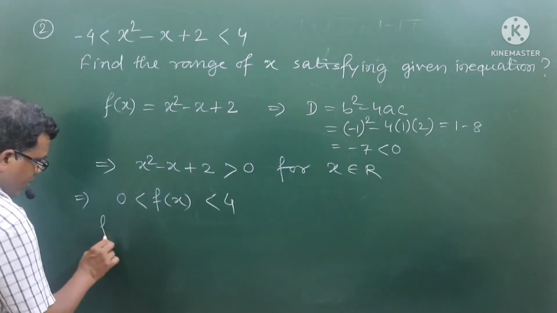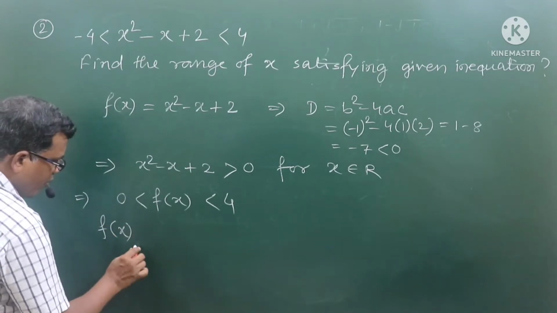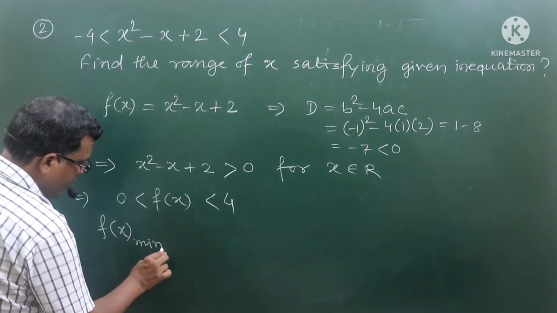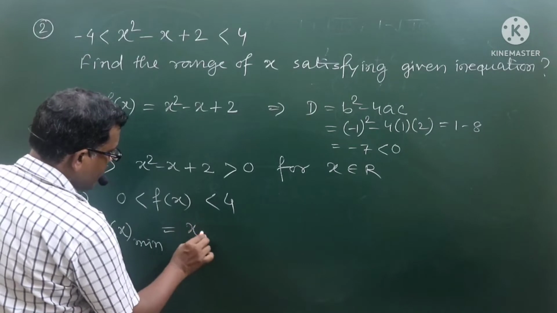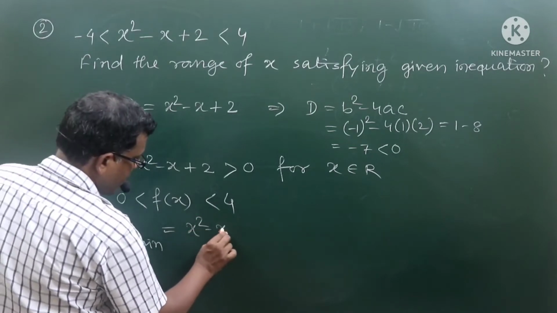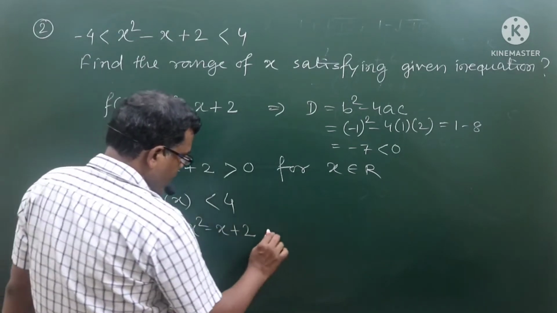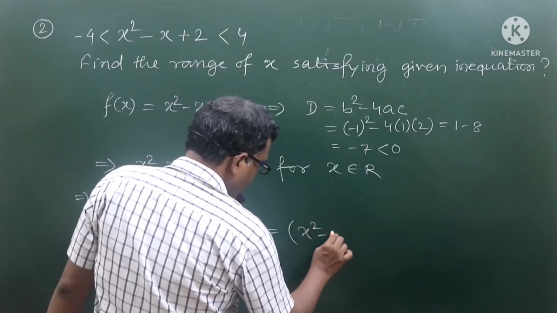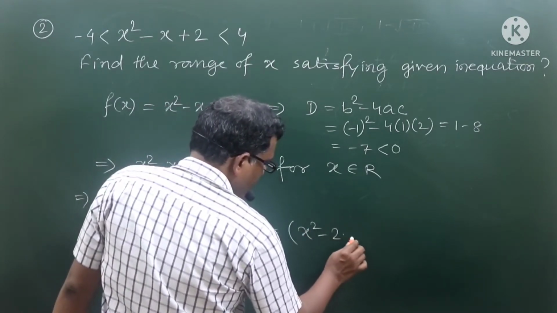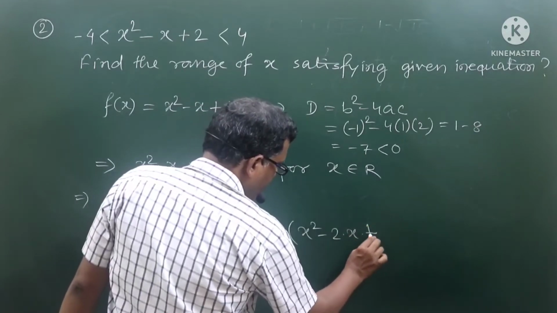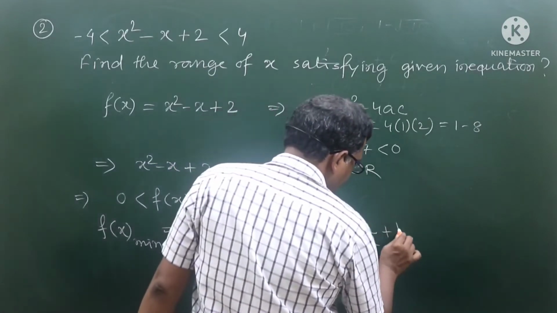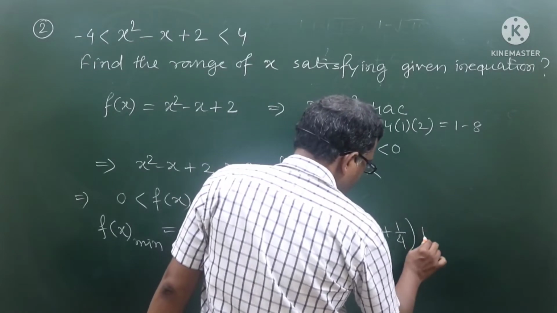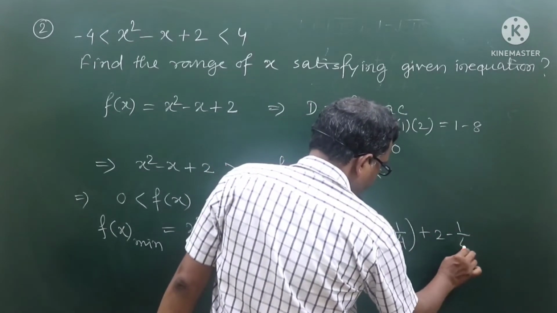After that, we will first go for checking the minimum value of the expression. Since the expression is x square minus x plus 2, we can simplify it like this: x square minus 2 into x into 1 by 2, and then we can add plus 1 by 4 plus 2 minus 1 by 4, right?